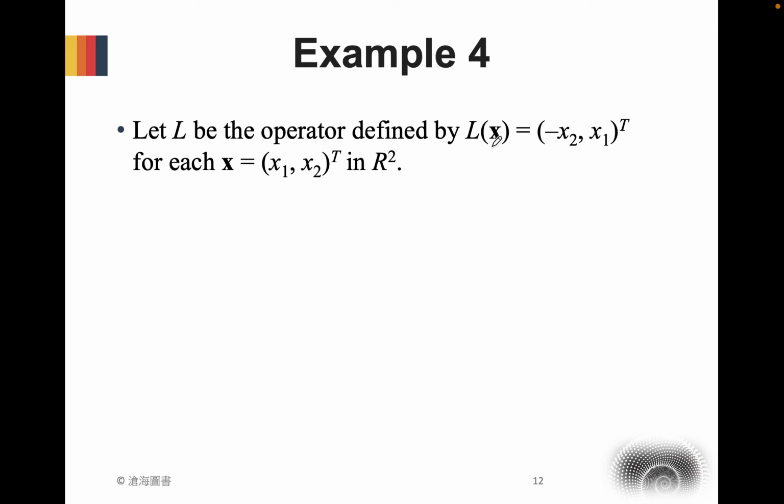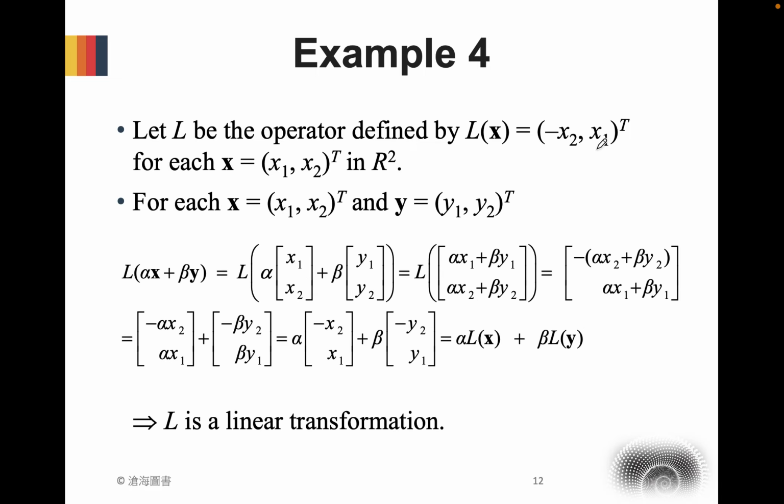Another operator defined as: if we input (x1, x2), the output is (negative x2, x1). Okay, is this a linear transformation? So let's verify it again. Alpha x1 plus beta y1, alpha x2 plus beta y2. And right now, the first item becomes negative (alpha x2 plus beta y2).